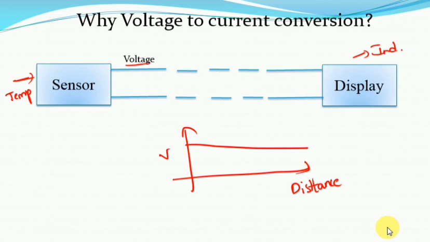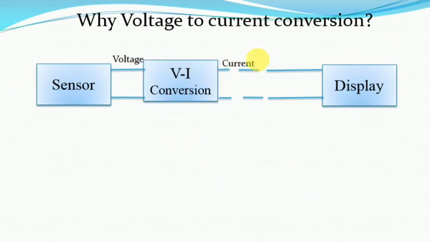In order to overcome this drawback, a voltage to current converter should be used. Here the sensor voltage is converted to current by using a V2I converter circuit, and thereafter this current passes through the cable.